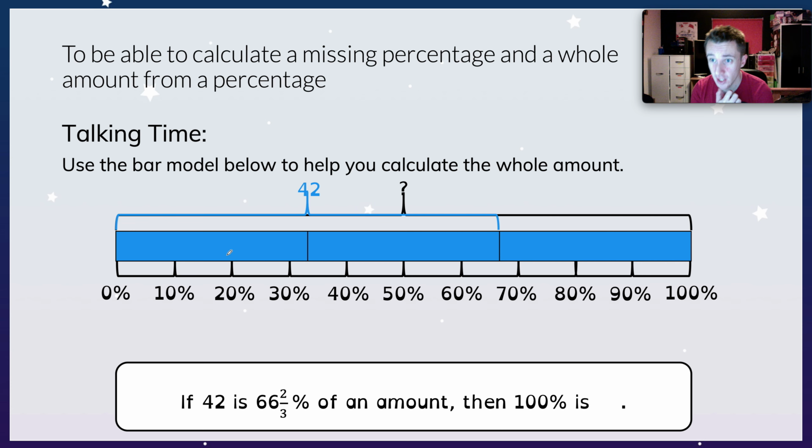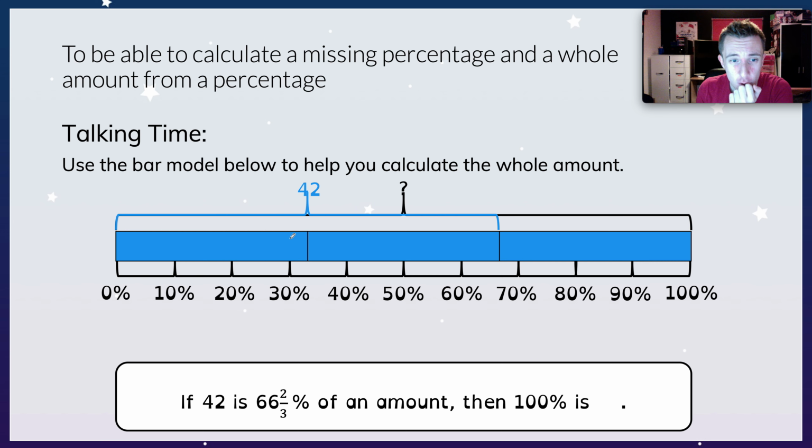Okay. Now this is where it gets slightly trickier, because this time it's told us that 42 is 66%. But it wants us to find the 100%. So, to be able to do that, we need to go back a step.